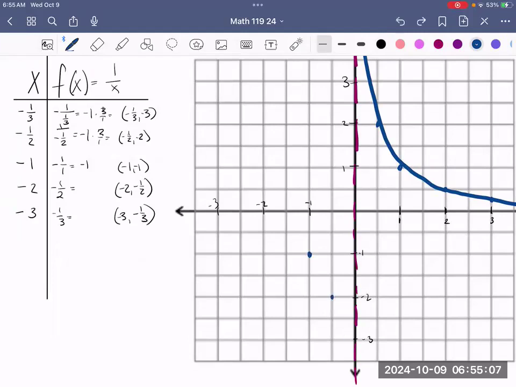Third. Let's see, 2.5. Third. So again, what does this one look like it's doing? Looks like it's going to start to approach your vertical asymptote. So it'll go down like this.